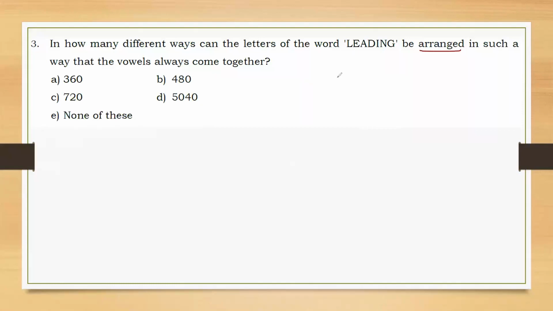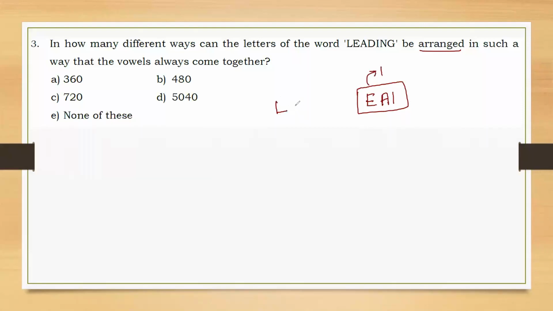So in LEADING, write the vowels in the box. E, A, I, right inside the box. Okay, good. Most of them are getting 720. Good. So write the vowels inside the box and treat them as a single person.